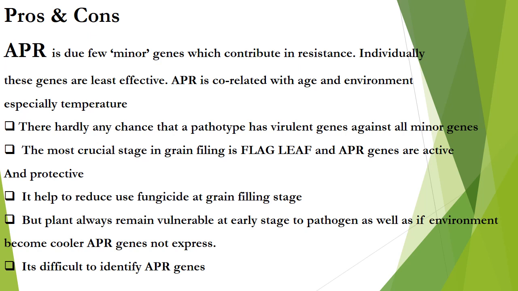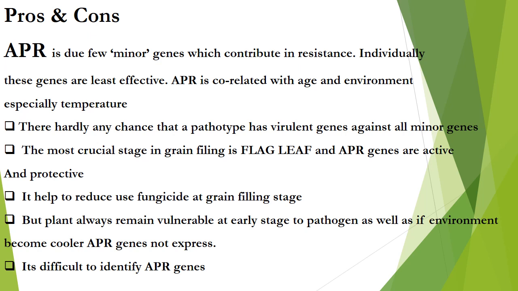So it is always recommended that if you want to apply fungicide, never try to apply it earlier; rather, apply it at this stage where grain filling is taking place. So the most important stage of the crop agronomically is the flag leaf stage.